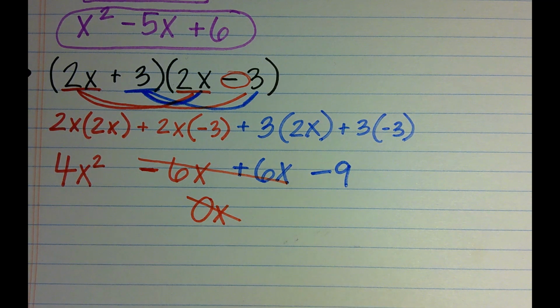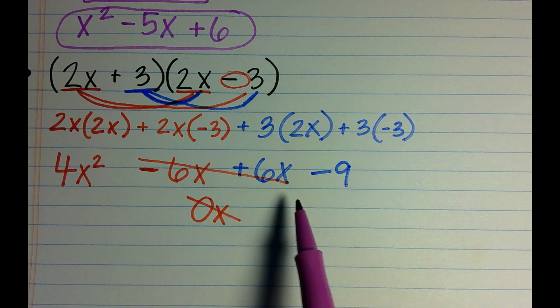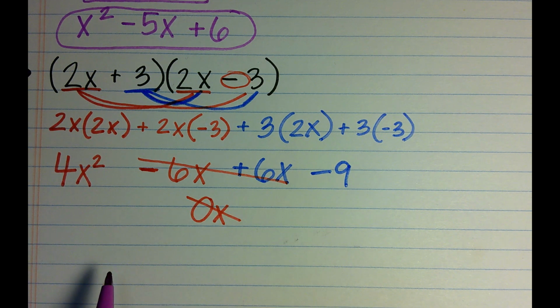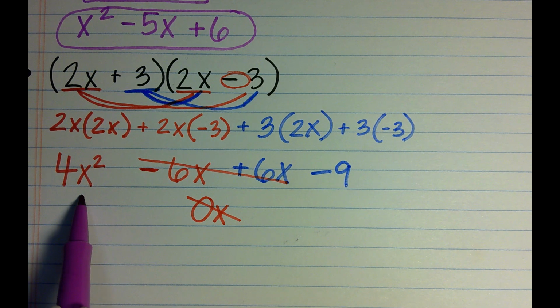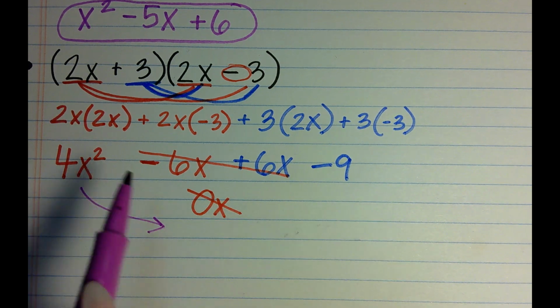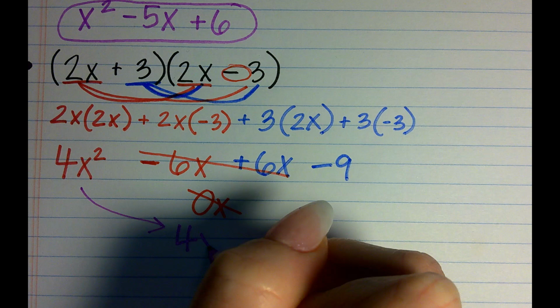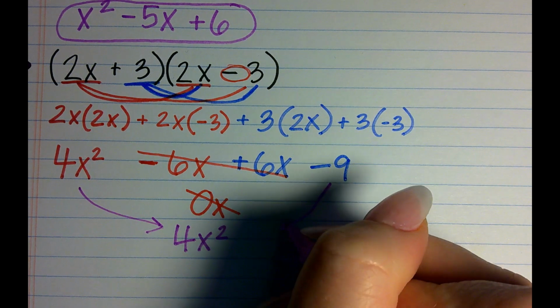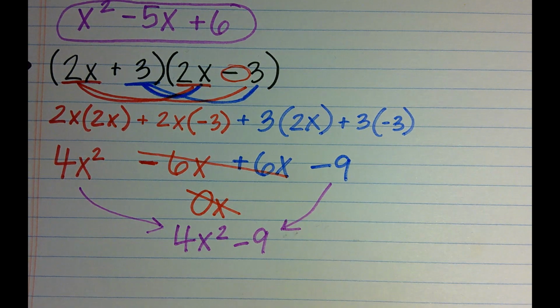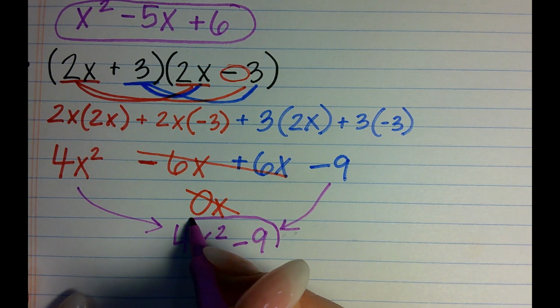These cancel out. So what would our answer be with no middle term? 4x squared minus 9. Good. We're still going to bring it down like we normally would. 4x squared minus 9. Our middle term disappears. Gone.